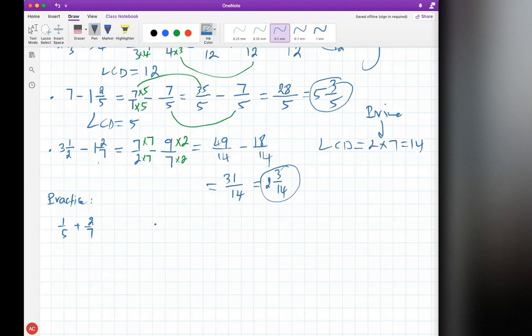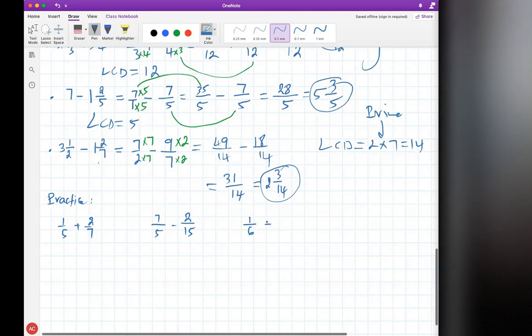And a subtraction here. And also, okay, so 2 1/6 plus 1 3/8.